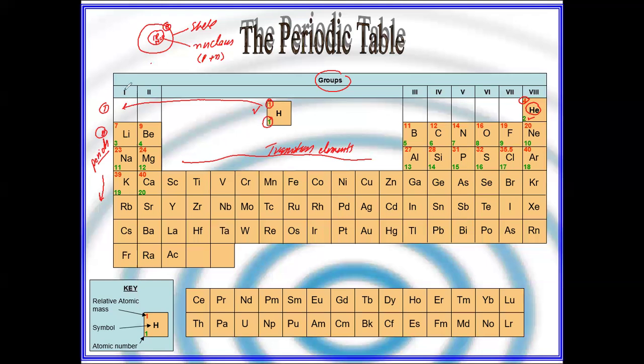Group 1 is known as alkali metals, because they make alkali when they are dissolved in water. Then we have group 7. I'm telling you only those groups which are in our syllabus, and I do not want to waste your time.